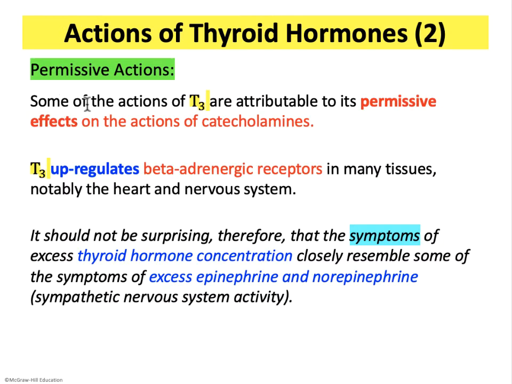We mentioned at the beginning of the chapter the permissive actions of hormones. Well, thyroid hormone, T3, has a permissive action on the catecholamines that exist in the circulation. So an example is given here. T3 upregulates the beta adrenergic receptors in various tissues, including the heart and the nervous system.